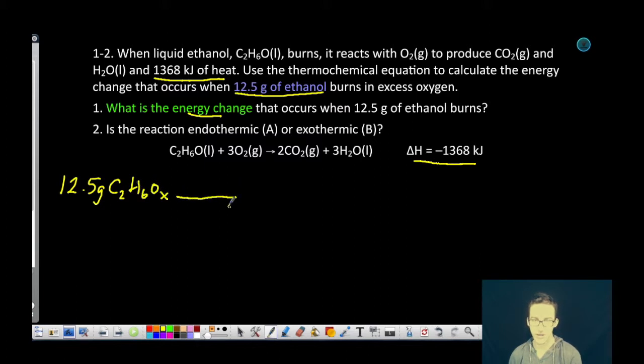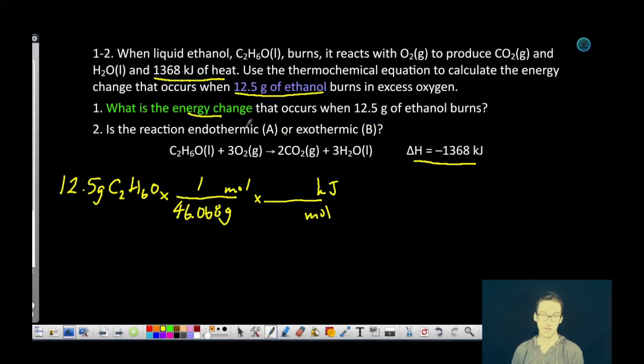And if I do a quick conversion here to moles, this value of 46.068, again, is coming from your periodic table. I'm going to then do a quick conversion from moles to kilojoules. In other words, just treat your enthalpy change as another reactant or product in the balanced chemical equation.